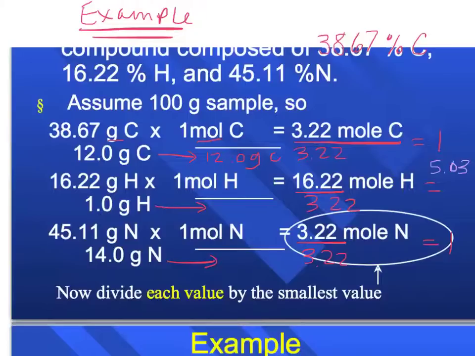So what we're going to find is that our empirical formula for this substance is going to be C1H5N1. And remember, we don't include the ones when we're writing the formula, so it's just going to be CH5N, and that's our empirical formula for the substance.